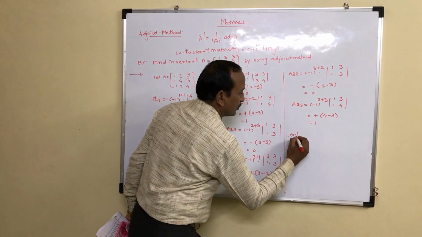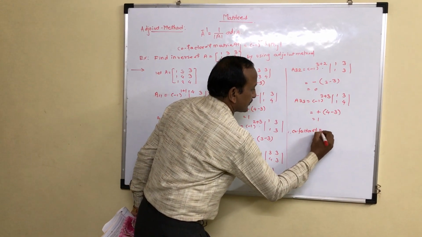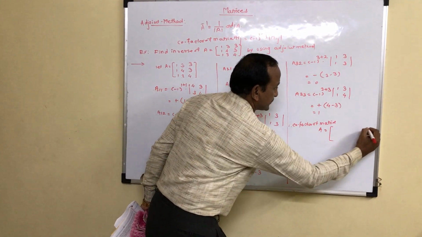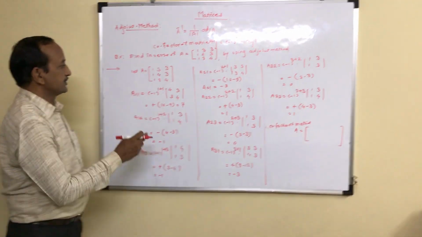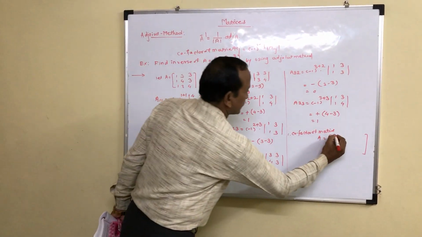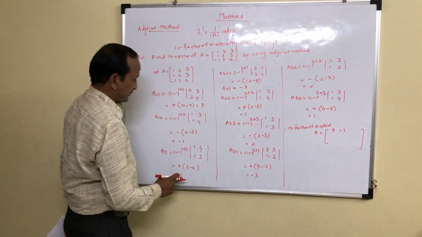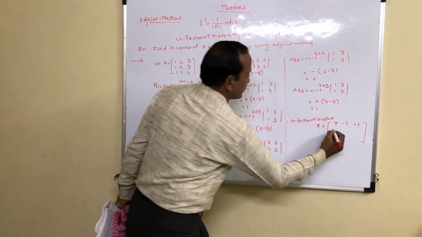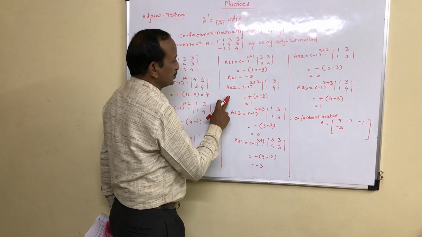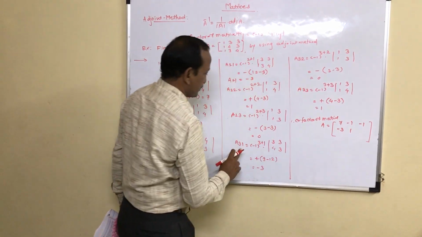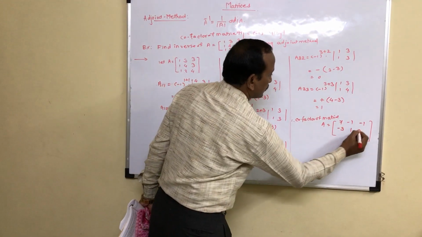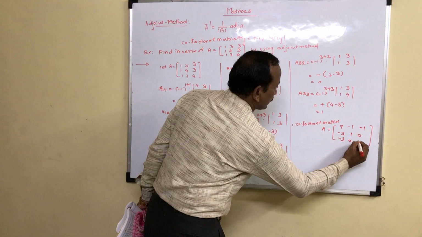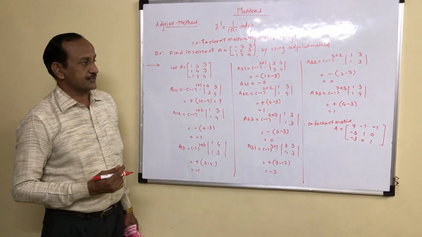The cofactor of matrix A is equal to the matrix: 7, minus 1, minus 1; minus 3, 1, 0; minus 3, 0, 1. This is the cofactor matrix of A.